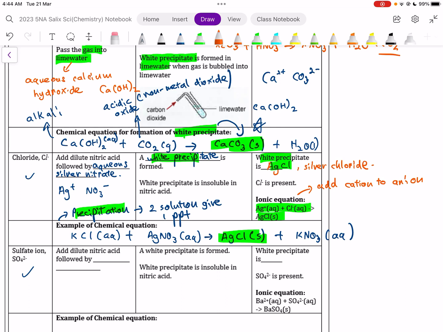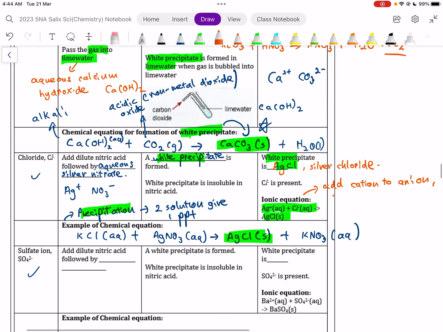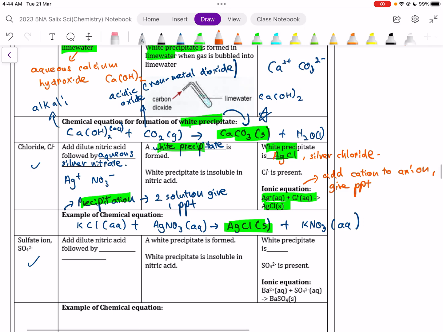Add the cation to the anion, then give the precipitate. That's a shortcut for your ionic equation of precipitation, just like in the cation test.